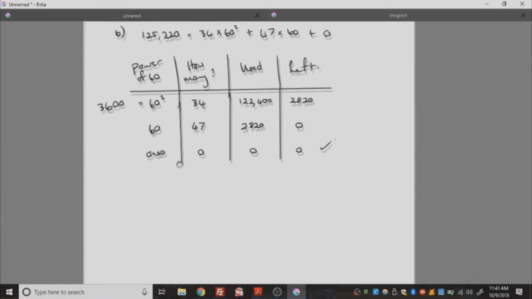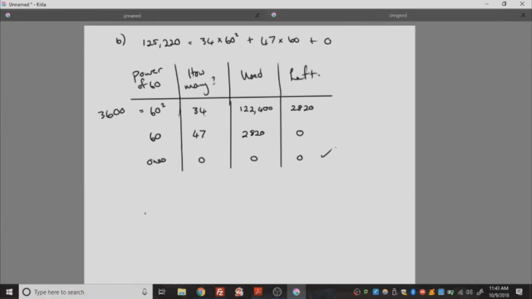Zooming out. So I have a 3-place number, 34. Whoops, no, that's too big. 34 space 47 and then a little empty symbol to show, otherwise it would be a 2-place number and not the right quantity.